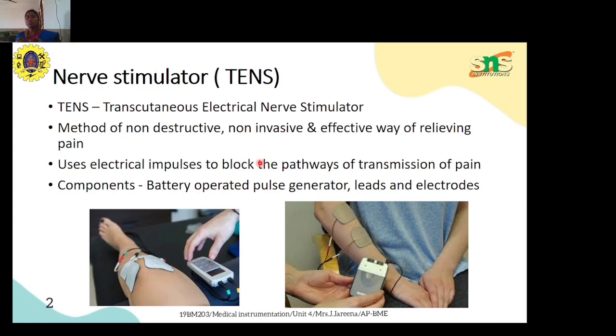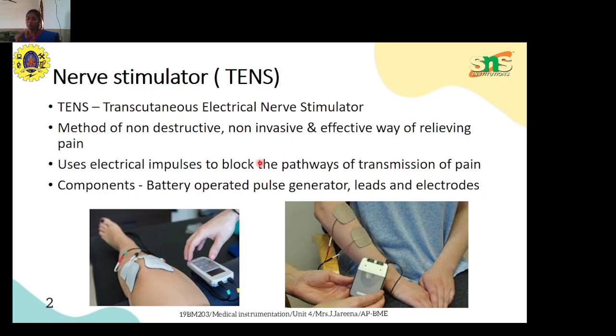Usually in our body we have so many receptors. We have thermoreceptors, chemoreceptors, and so on, but the receptor meant for pain is the nociceptor. The role of these receptors is to sense pain if it matches their threshold level.